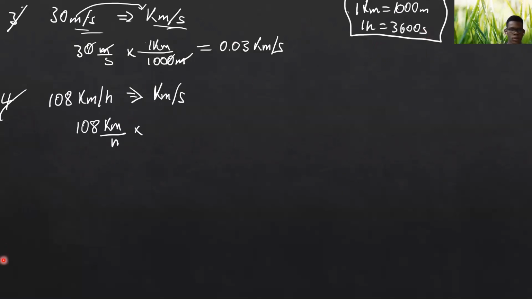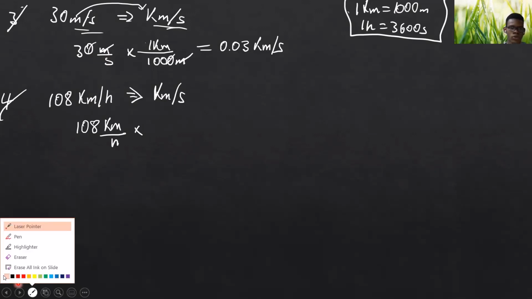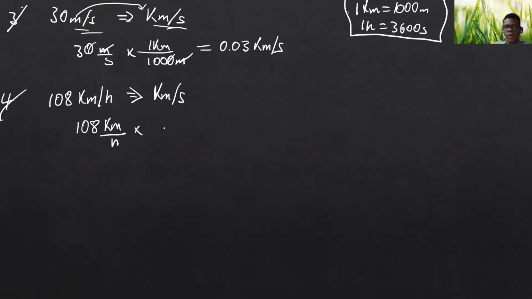How do we use our conversions? We just use them as conversion factors, multiplying them by the original quantity. So 108 kilometers per hour going to kilometers per second, we're just going to use our 1 hour over 3,600 seconds conversion factor.